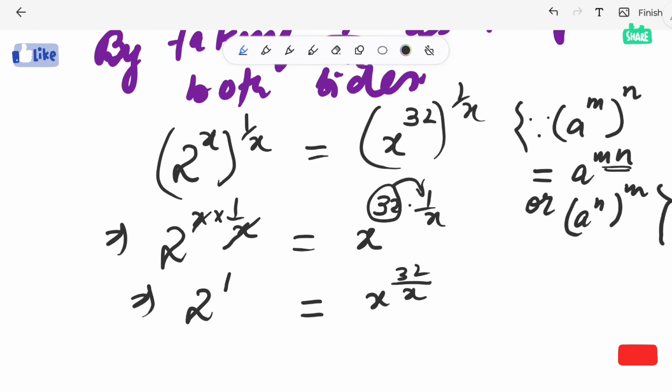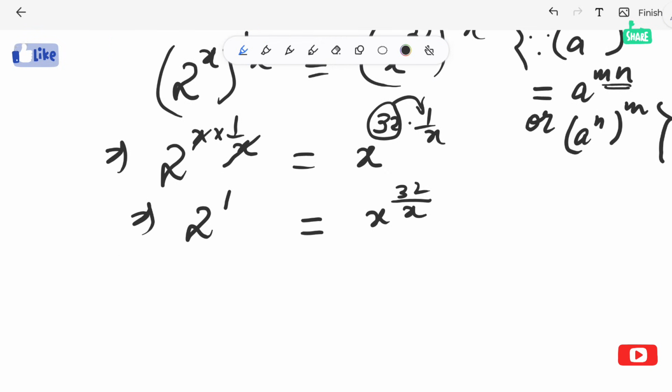After that, what you need to do is remove the power 32 from this side, and you'll see the magic. So on the left hand side 2 to the power 1 is there, and here x to the power 32 by x is there.